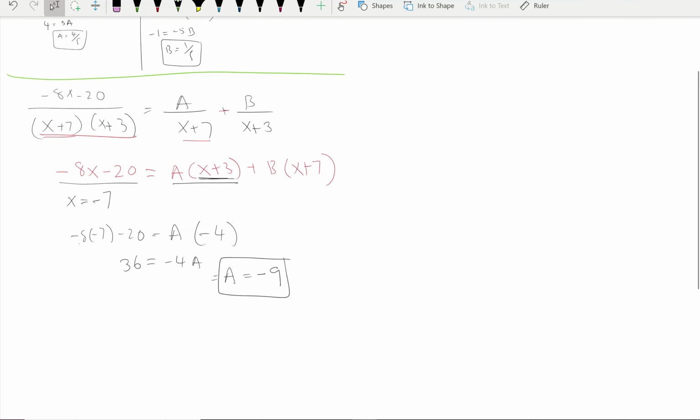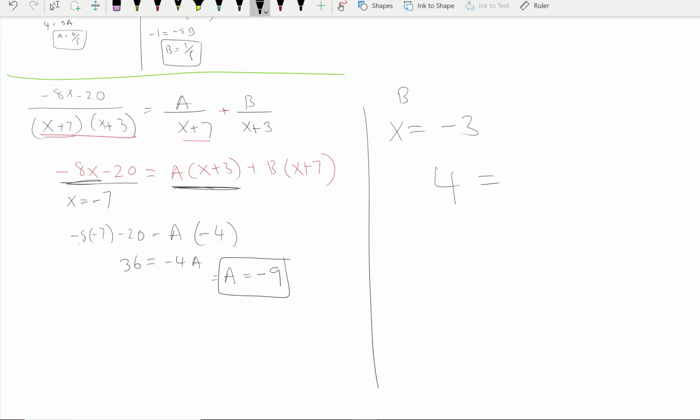Then let's find B. To find B, what is the X value that you should substitute? The magic number that gets rid of A is negative 3. So if X is negative 3, negative 8 times negative 3 is 24. 24 minus 20 is 4. On the left, I did that fast. Negative 3 plus 3 is 0. Sorry about that.